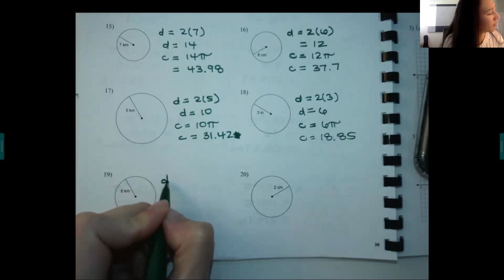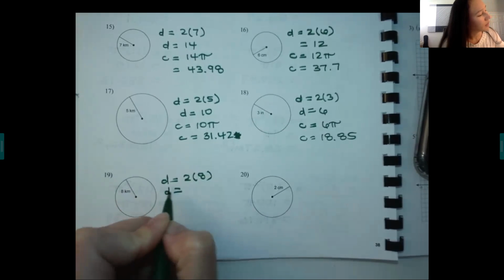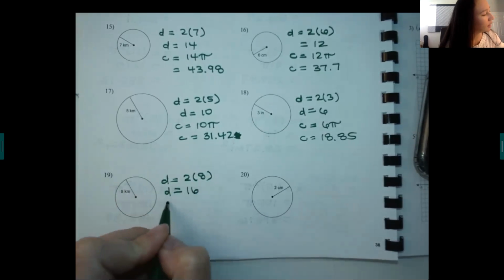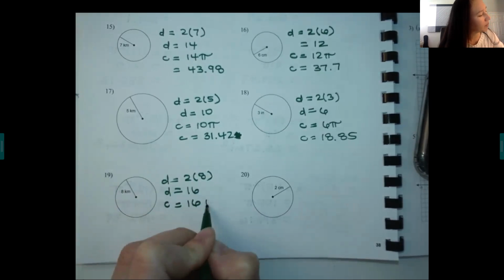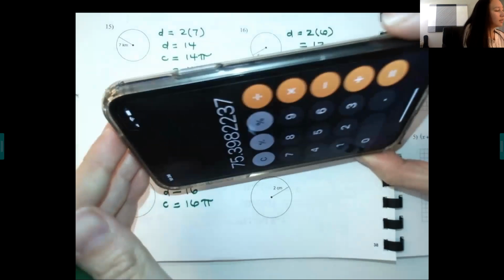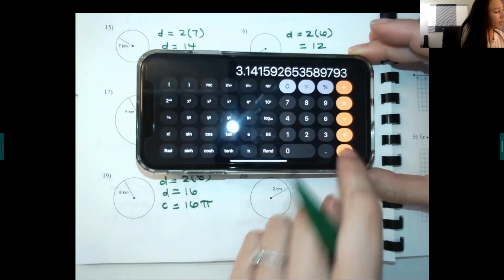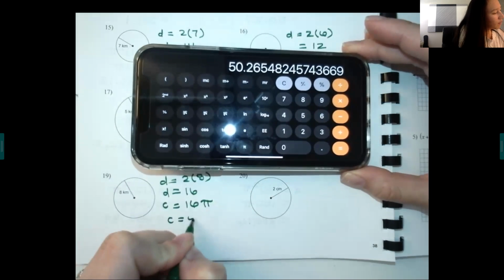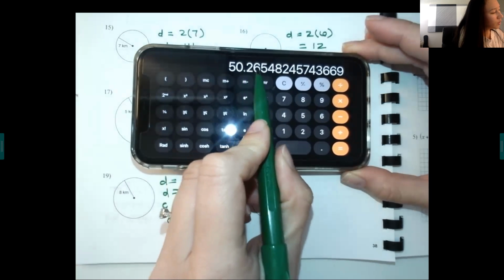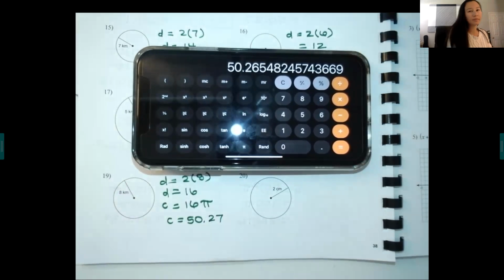So we'll find the diameter first, which is 2 times our radius, which is 8. So diameter is 16. Then to find the circumference, we multiply that diameter times pi, which is, let's see, 16 times pi. So the circumference is 50.26. The 5 means we round up, so that would be 50.27.